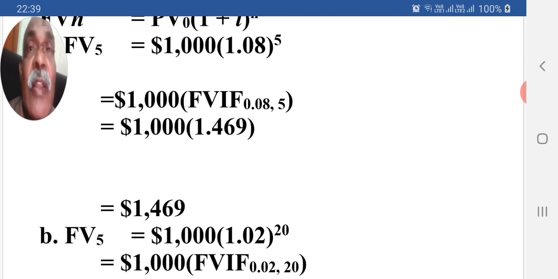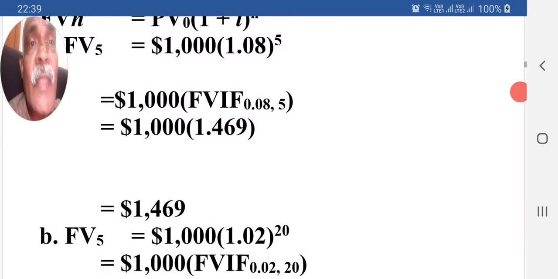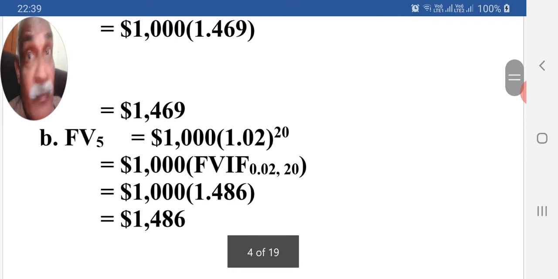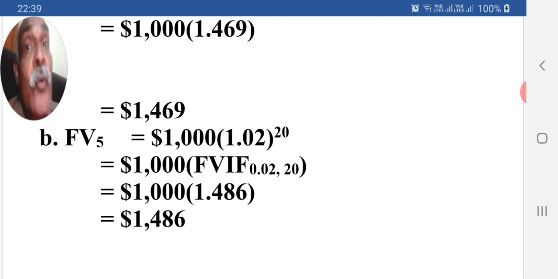Future value is equal to present value multiplied by 1 plus I over m to the power m into n, or present value multiplied by future value interest factor I and n.